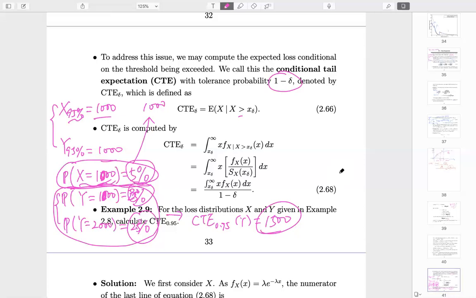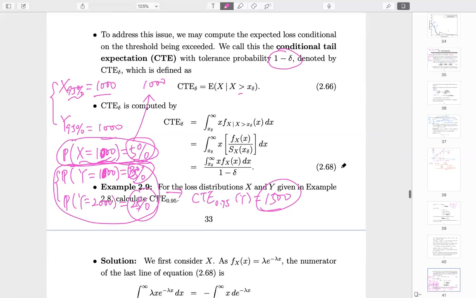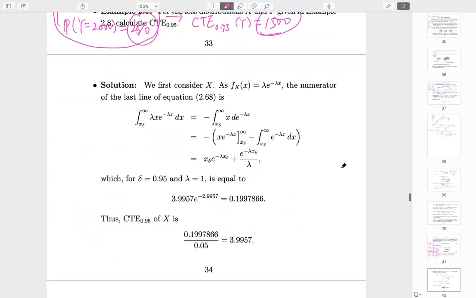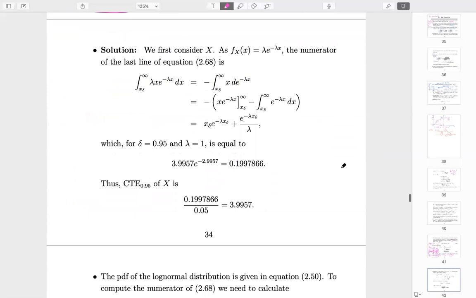It only gives us the threshold and the average beyond the threshold. It's possible that we have the same CTE, but one of them is more volatile, with more values on the bigger side, like a bigger variance. Then you need to study conditional tail variance. But anyway, this is one step better than the quantile. Okay.